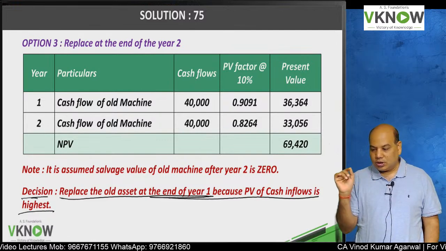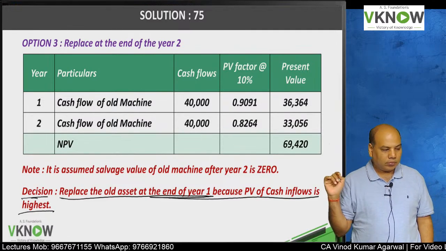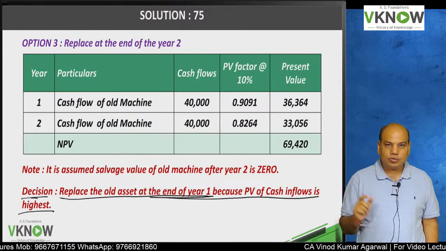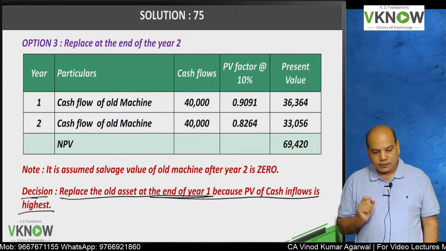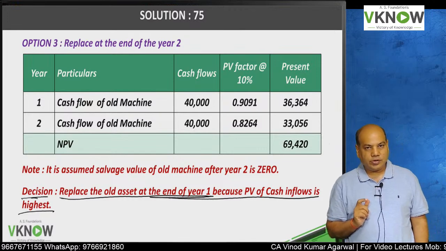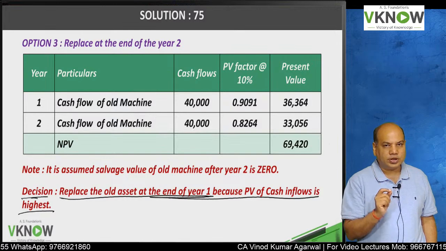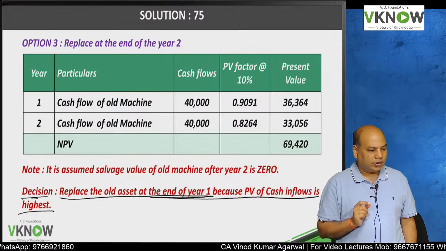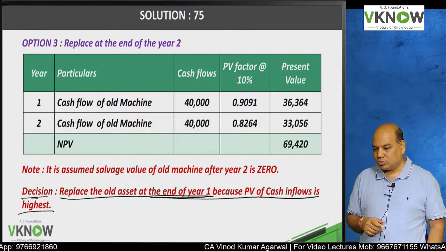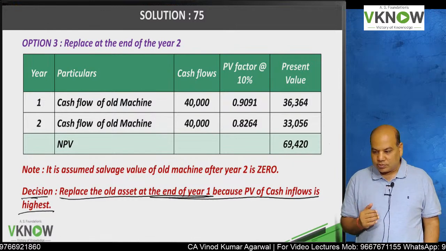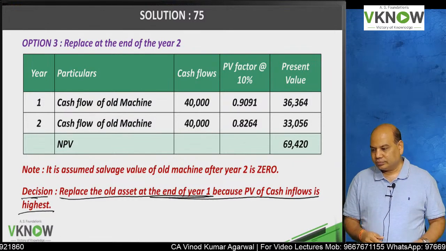Note, it is assumed that salvage value of the old machine after year 2 is 0. Not given. So we have to assume something. Is it right?